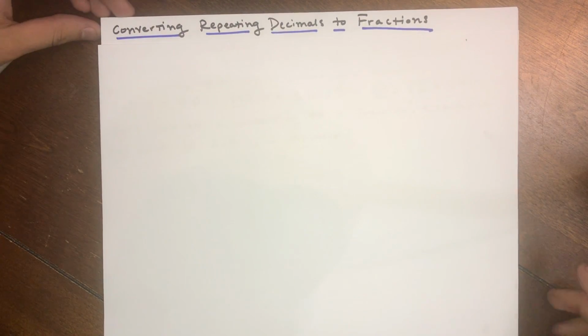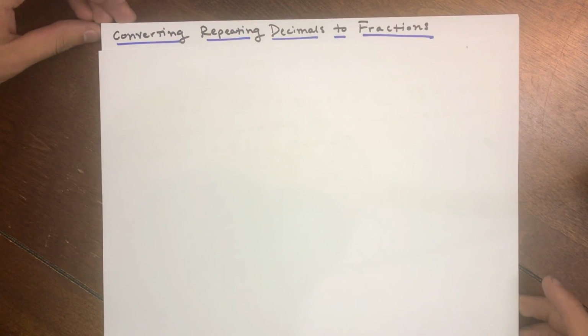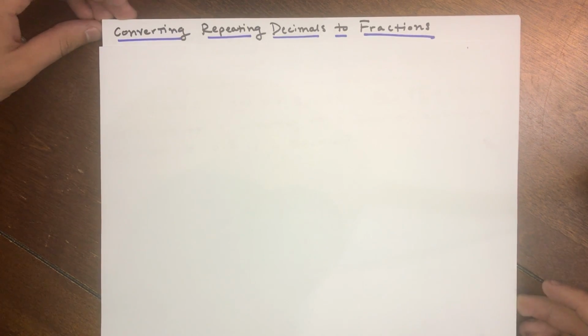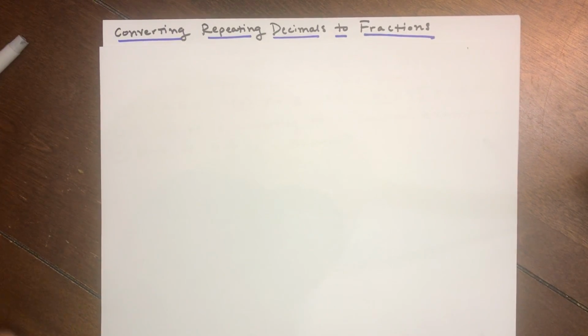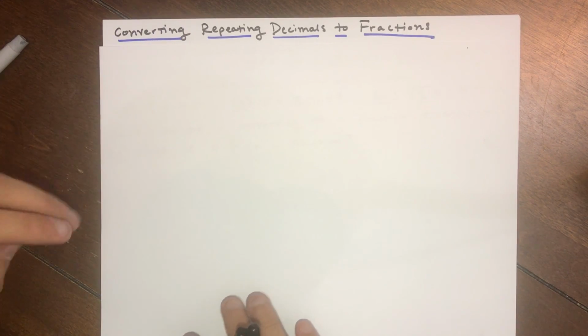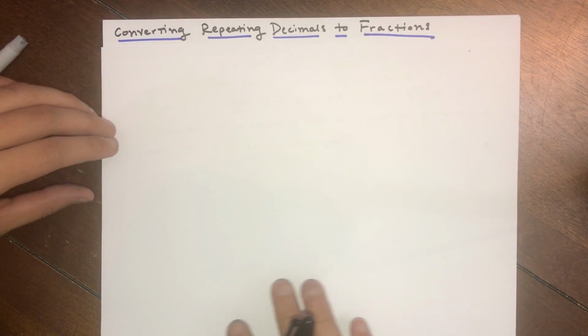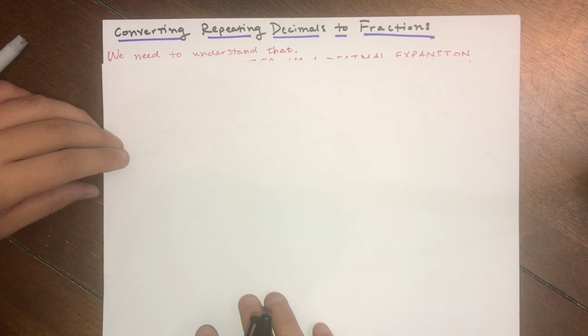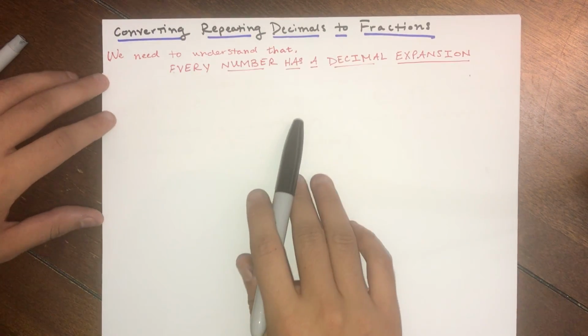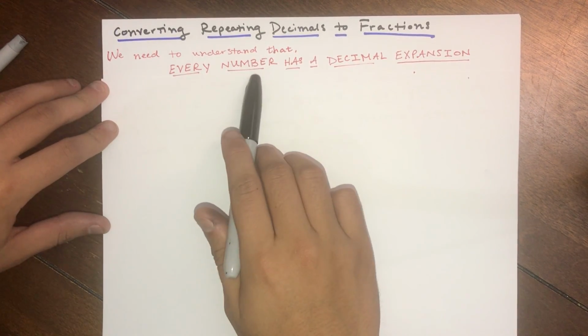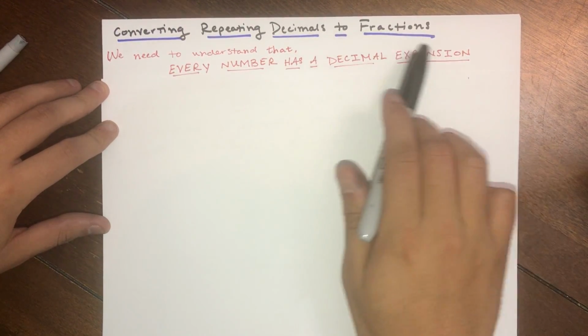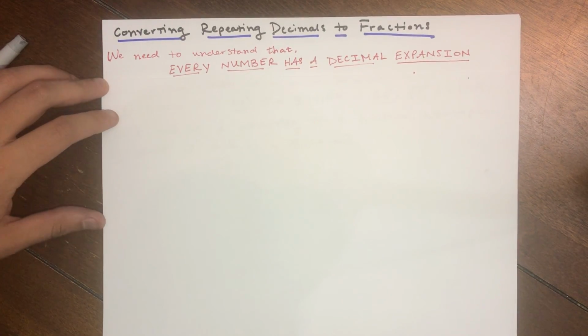Here we have converting repeating decimals to fractions. First things first, when it comes to decimals, we really have to understand this first statement: every number has a decimal expansion. That was one of the essential questions for this unit.